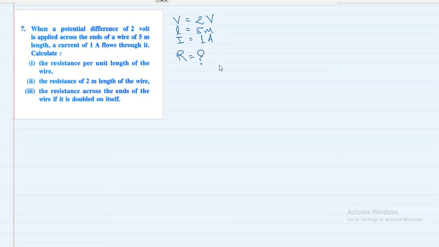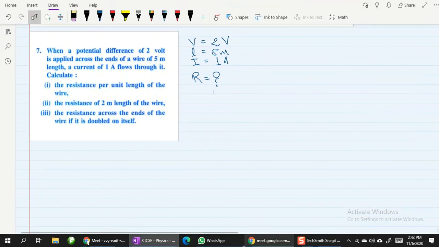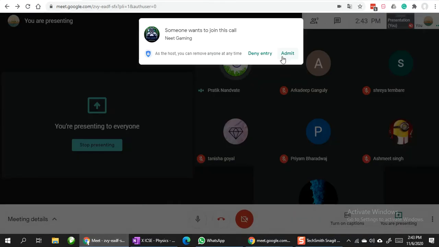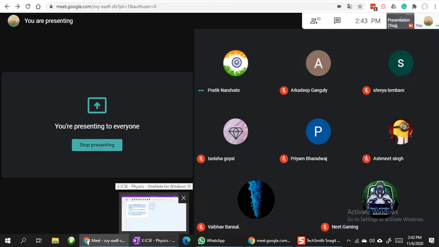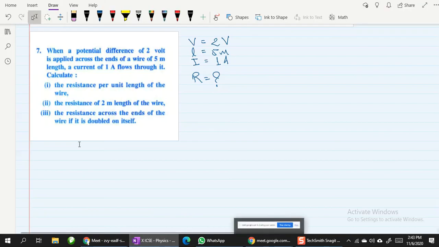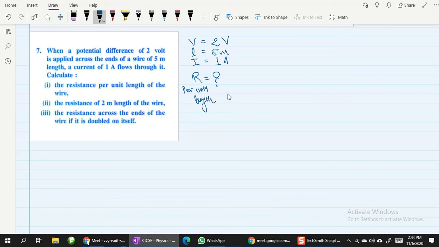Resistance per unit length. Just a moment. Then the resistance of 2 meter length of wire.